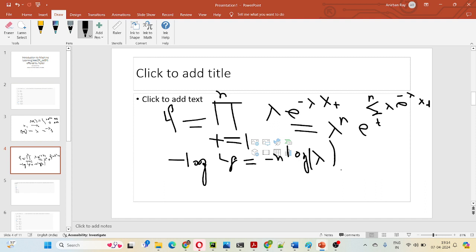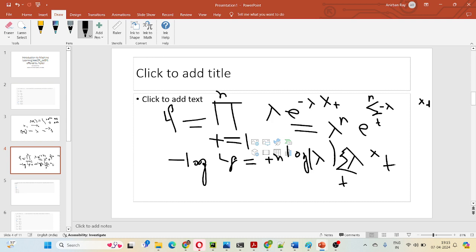Then the summation over t of the log of lambda e to the power minus lambda xt. The log over e comes out, so this is minus lambda xt. The minus comes out, so this will be plus, and then we get xt.